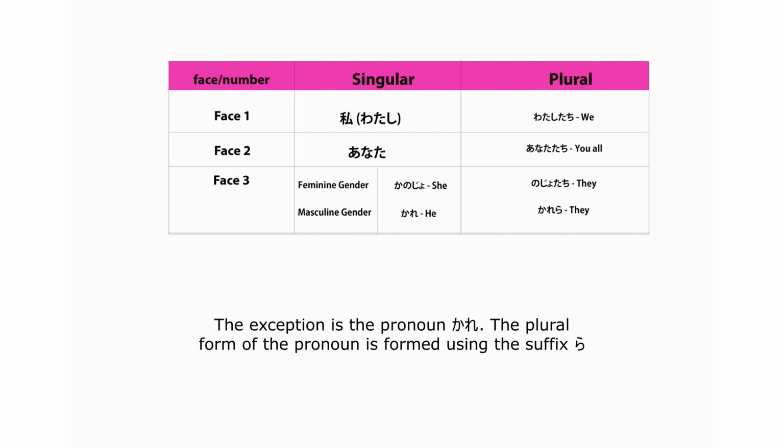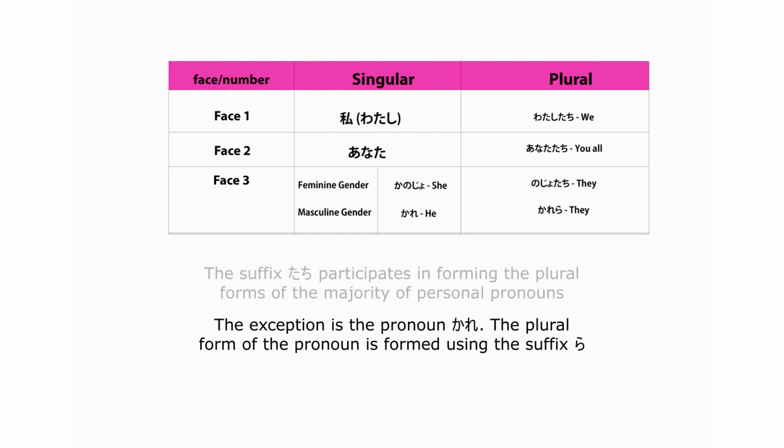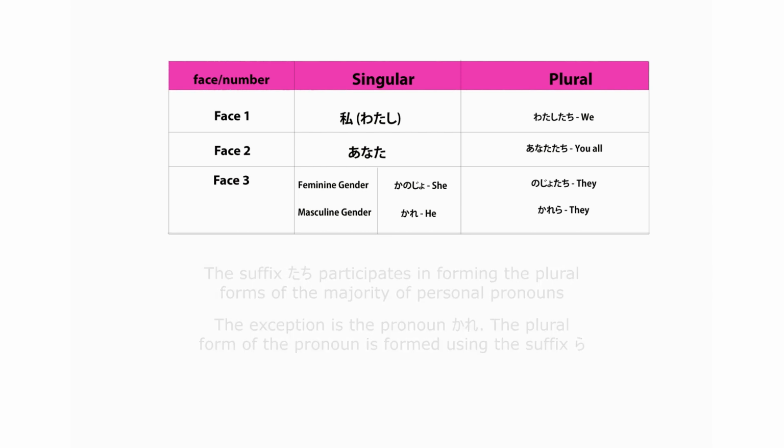For example, 私, I, 私たち, we; あなた, you, あなたたち, you in the plural; 彼女, she, 彼女たち, they, about a group of women. The plural form of the pronoun 彼 is formed using the suffix ら: 彼, he, 彼ら, about a group of men or a mixed group of people.